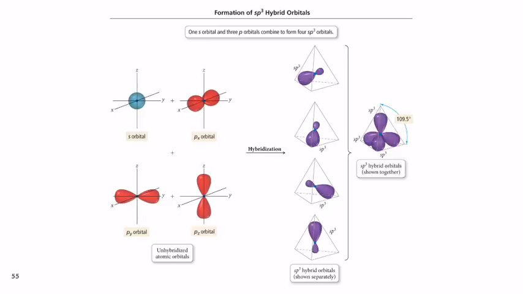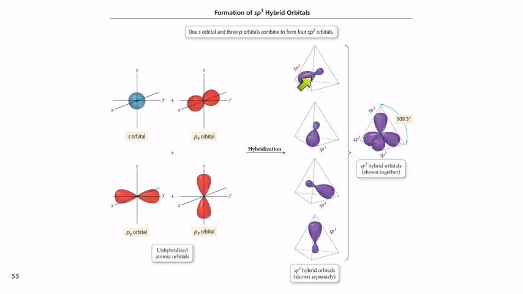Here are the shapes. We're taking the s orbital, which is a sphere, and these 3 different p orbitals that are just oriented differently in space, and essentially we're averaging them. It's difficult to visualize how averaging these would result in this, but people smarter than me have done the math, and I believe them. So this is what these orbitals look like.